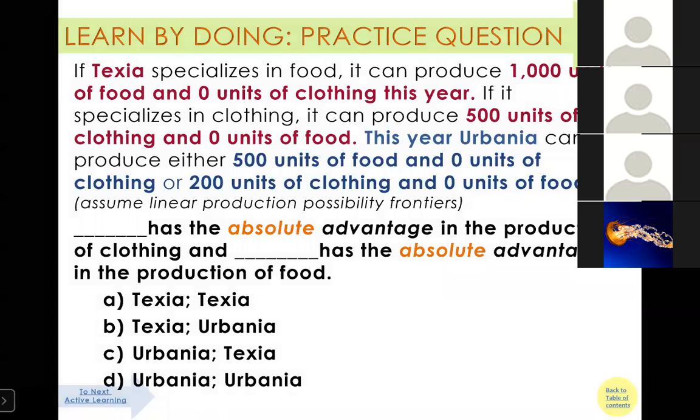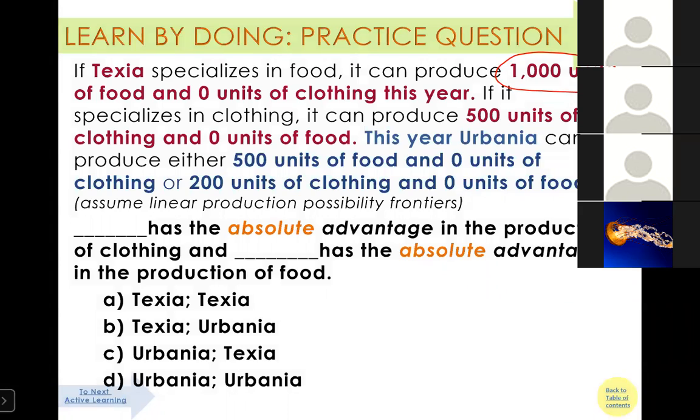Now let's look at this practice question. You need to do some calculation yourself. Let's work this together. Texia specializes in food. If it specializes in food, it produces 1,000 versus 0 clothing.